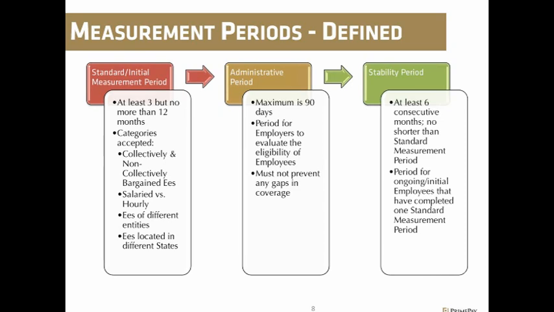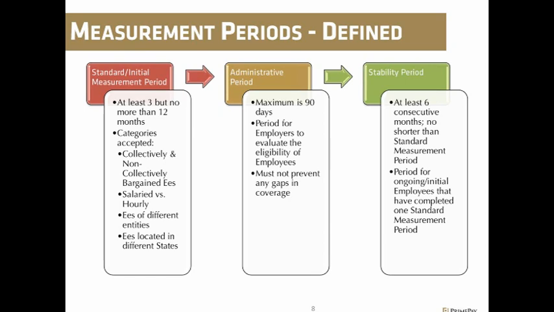Lastly, then, you have a stability period. The stability period falls after the administrative period. And the stability period is that point in time where if an employee was determined in the standard measurement period to work more than 30 hours, then through the administrative period, that individual is allowed to enroll, and they can make their elections and enroll in that coverage.